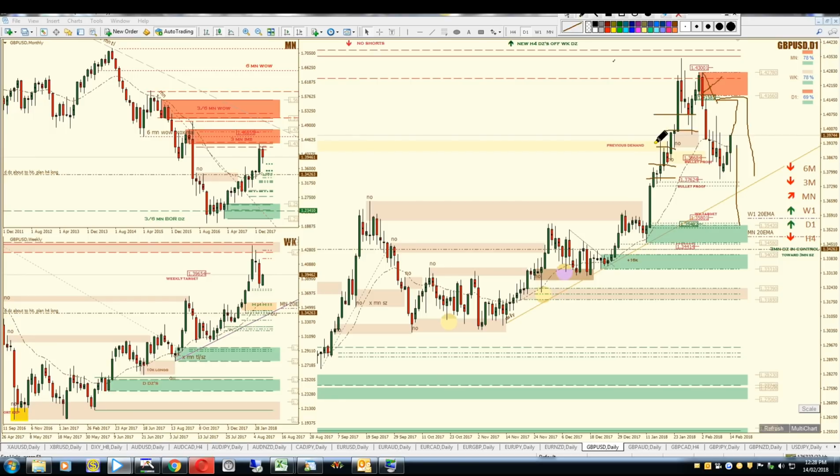So I'll start looking for long entries on pound and long entries on euro, so that the drawdown doesn't get any bigger than 5%. And I will hold those hedged trades until price eventually does return back towards my original entries, and I'll close out the positions. Most times they're for profits. Other times I'll just look for break even. So I'm putting myself in a situation where I can only win.